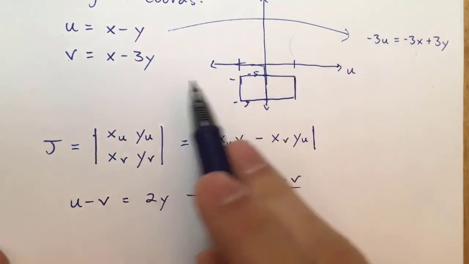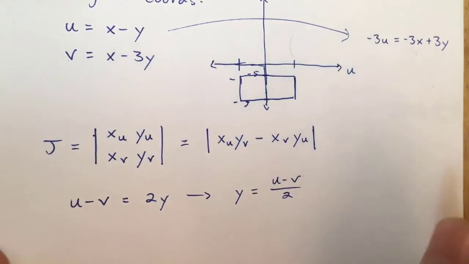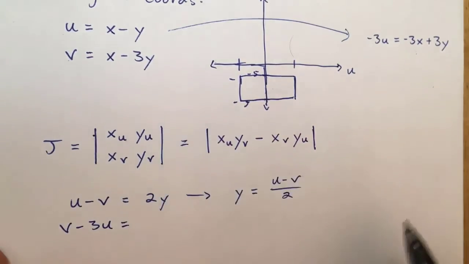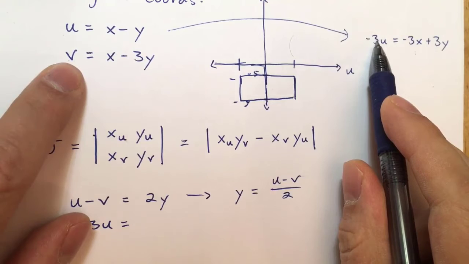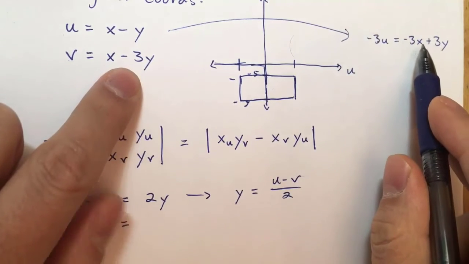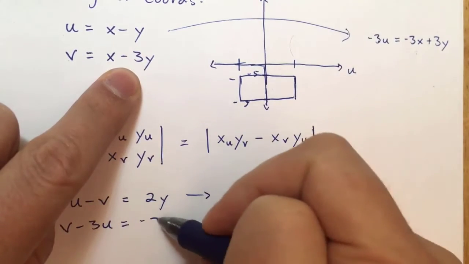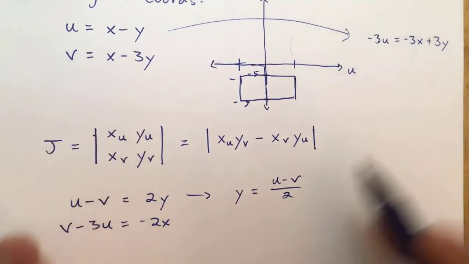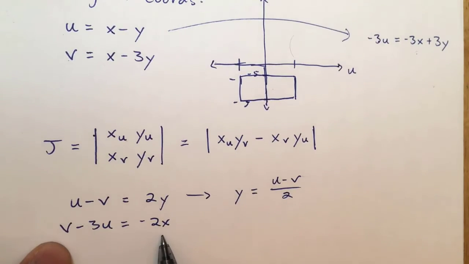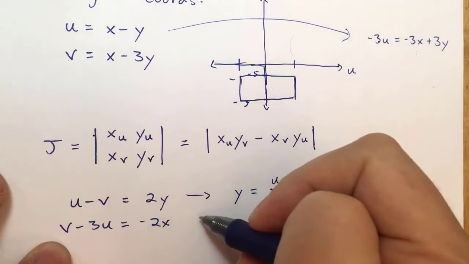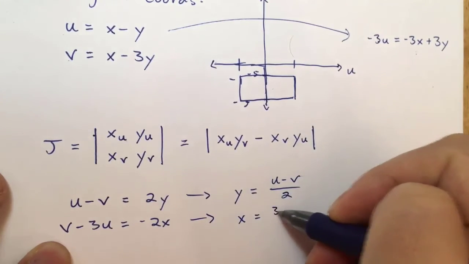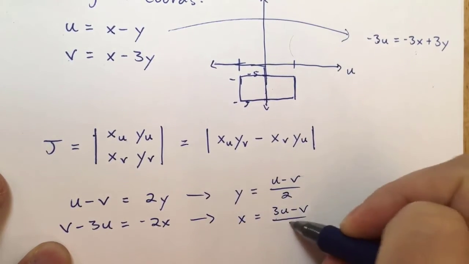So I have v minus 3u when I add these, and when I add the right-hand sides, I get negative 2x, and the y's cancel. So I get this equation. And then if I divide both sides by negative 2, I get x equals (3u minus v) over 2.